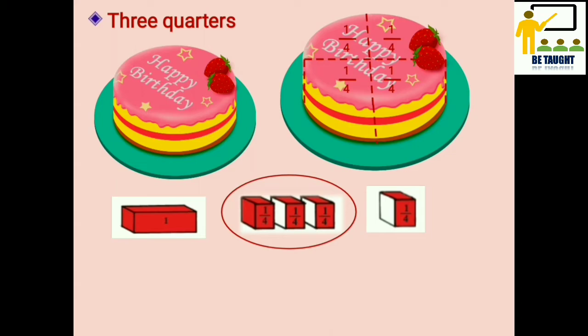Grandfather gave his 2 granddaughters quarter plus quarter, that is half of the cake. He gave his 3 grandchildren quarter plus quarter plus quarter, 3/4 of the cake, as you can see in the picture. So 1/2 and 1/4 also make 3/4 of the whole.